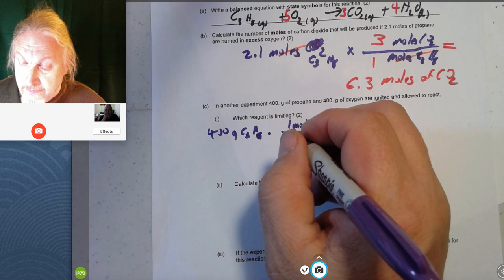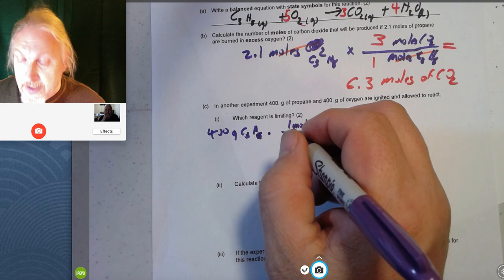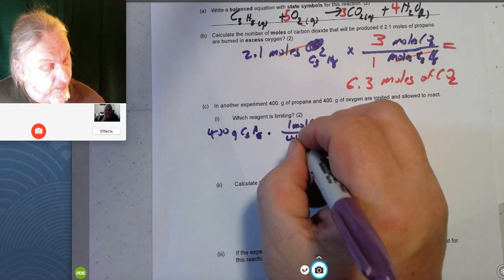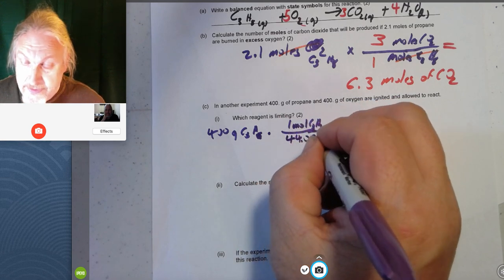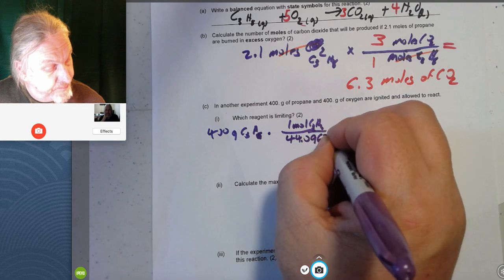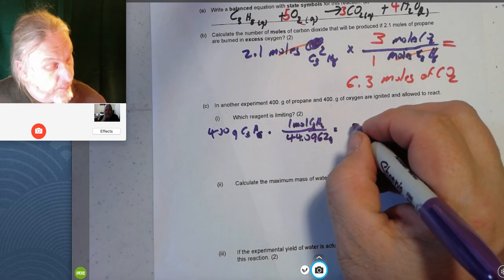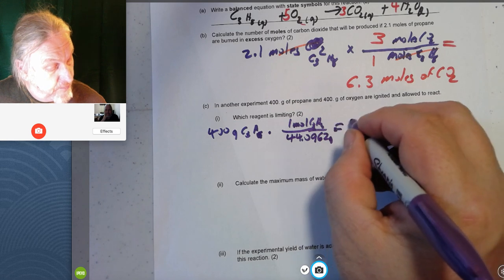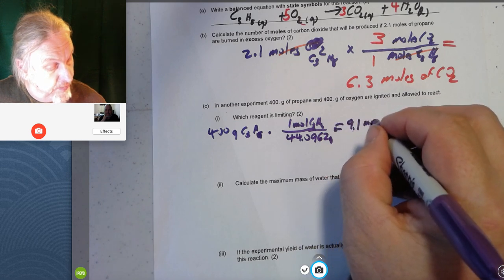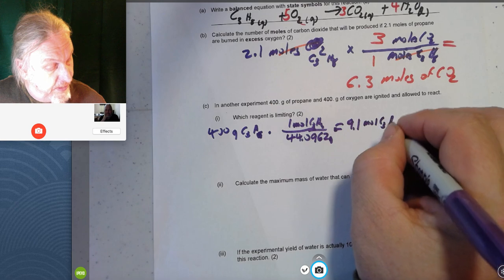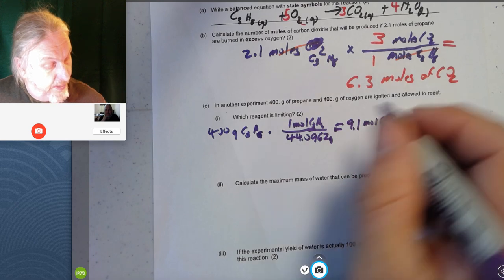Is that correct? Yeah, it's 44.0962 grams. Not a very heavy gas. So that's going to give me 9.1 moles of C3H8. That writing is atrocious.